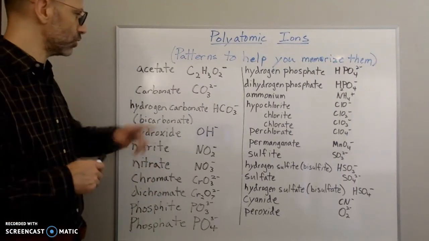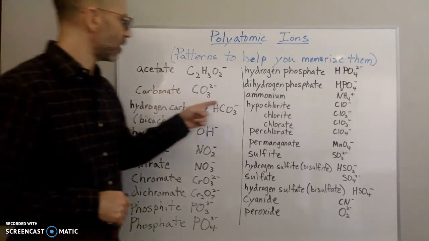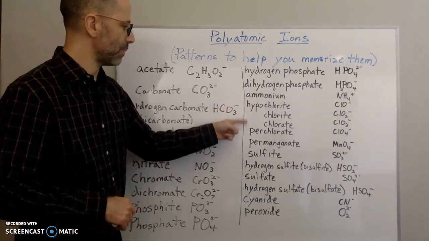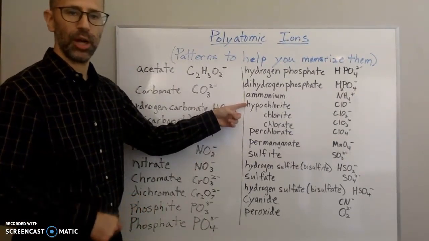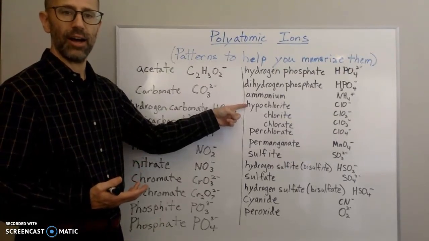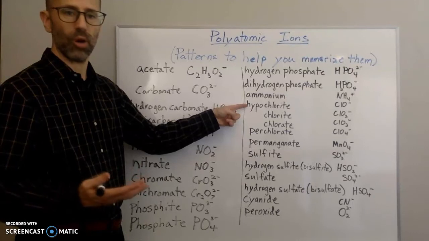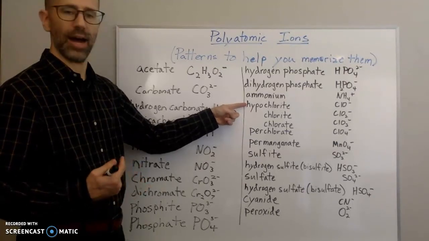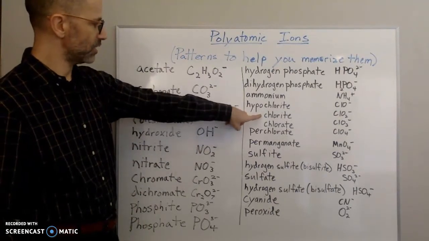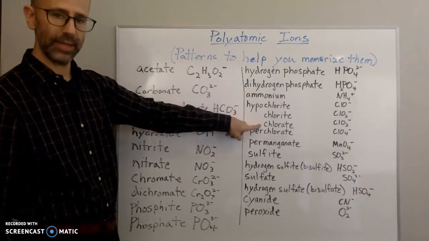I want to continue also with, sometimes you're going to have 4 polyatomic ions that look very similar, and the only difference is that you have one or more oxygens. So if you notice here, this is chlorite and chlorate.